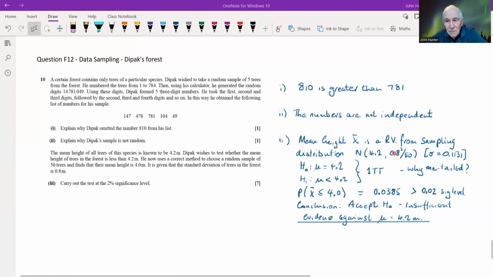That's because each individual tree has a standard deviation of 0.8 from the mean, so the variance is 0.8 squared.